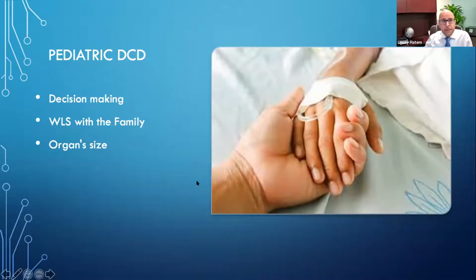One of them is that the ex vivo machine, the pump machine used to pump the heart and the lung from the time of recovery to transplantation, is not available in small sizes to accommodate pediatric donors.